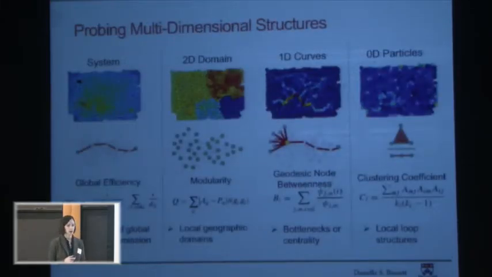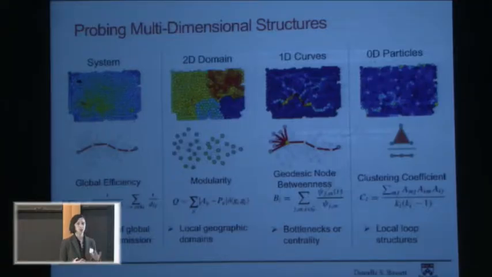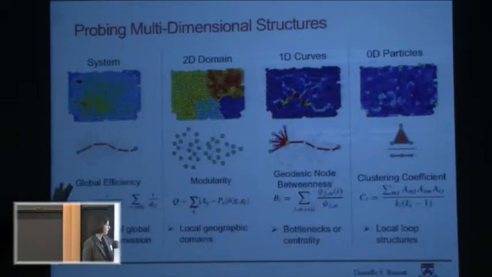So it's for calibration. Okay, so what we did initially is that we just took a lot of different statistics that have previously been defined in network science and asked what kinds of dimensionalities they're able to access inside of the material. So we used, for example, a global efficiency measurement.